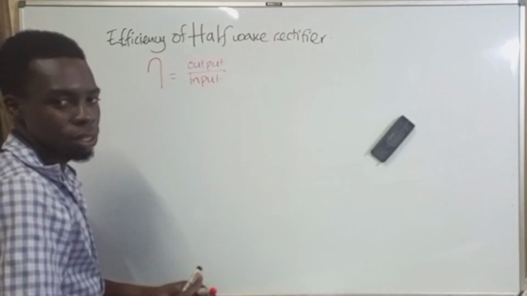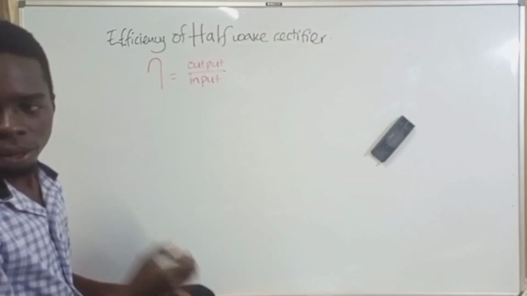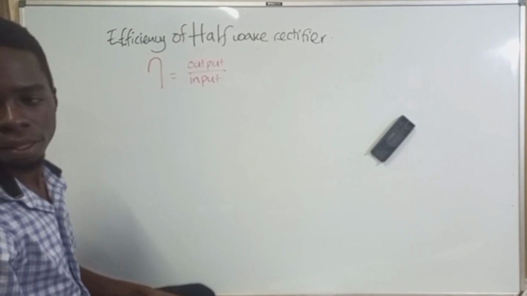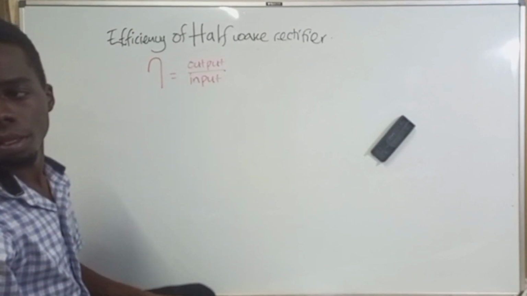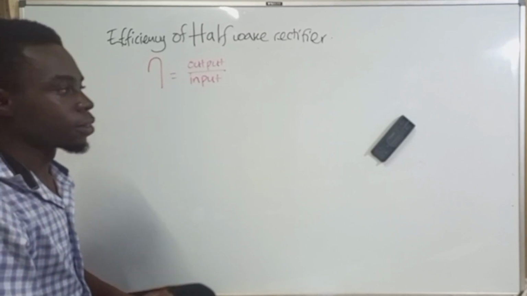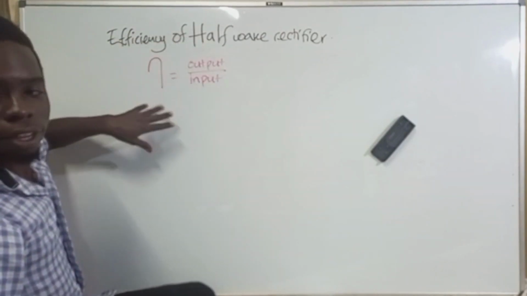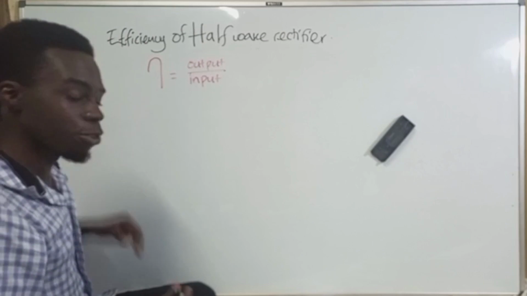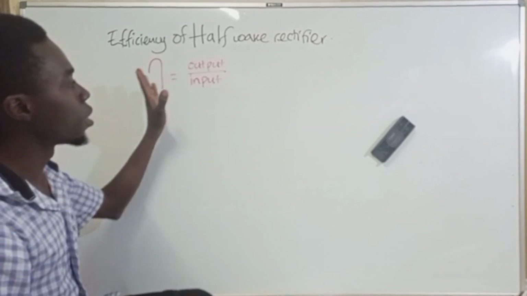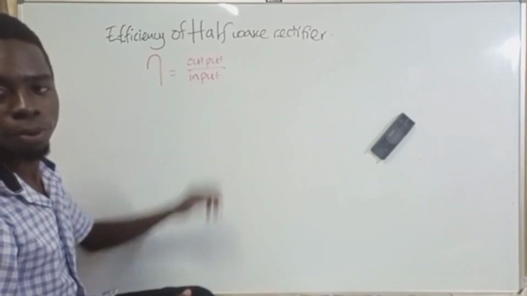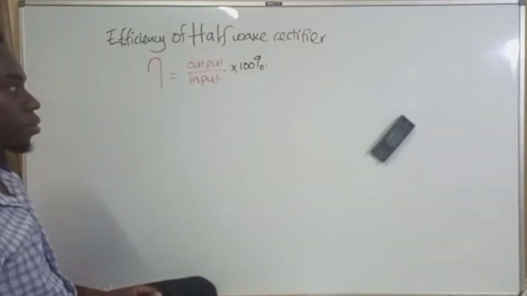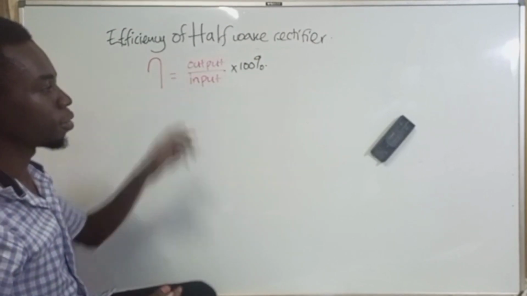So for this particular case, you found us discussing the efficiency of this half-wave rectifier. Efficiency is defined as the ratio of output to input multiplied by 100%. So what is going to be the efficiency of this half-wave rectifier?